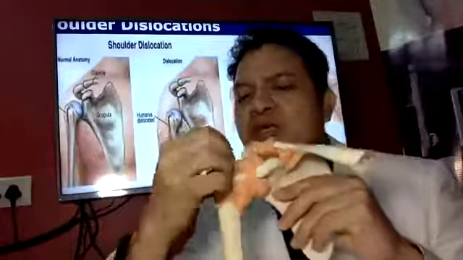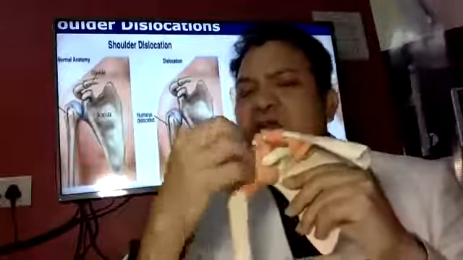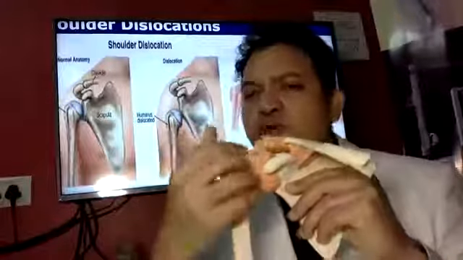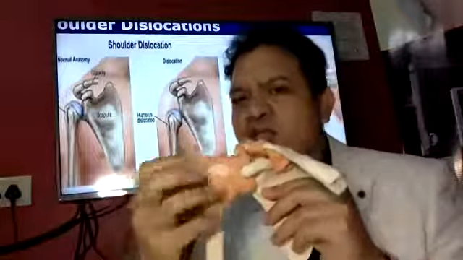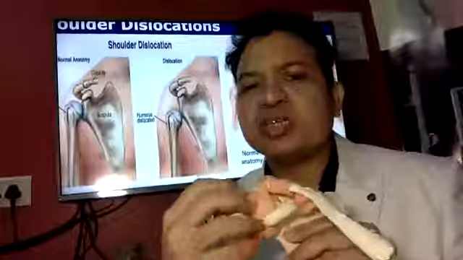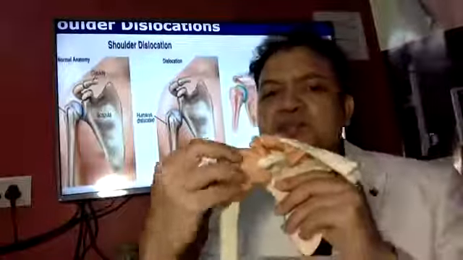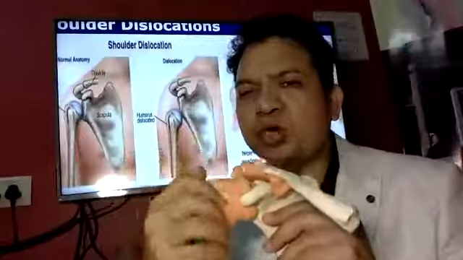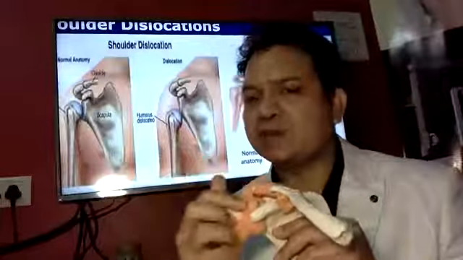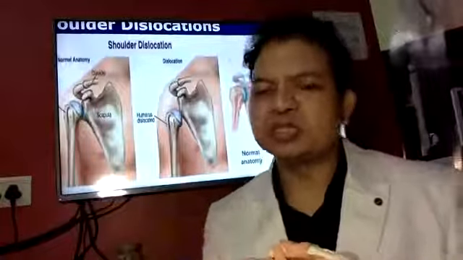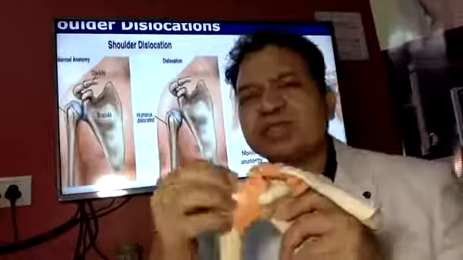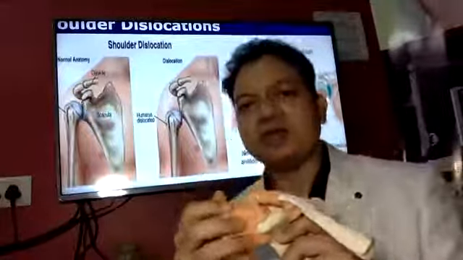But if this ligament gets torn or broken because of something, then definitely this shoulder will get dislocated. So in dislocation, these ligaments are broken, and we have to deal with the broken ligament. If there is persistent, repeated, recurrent shoulder dislocation, this ligament needs to be repaired.